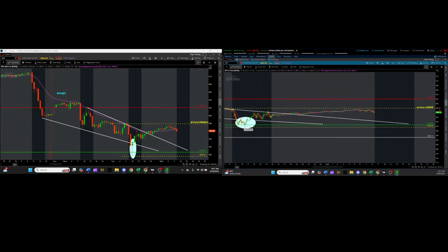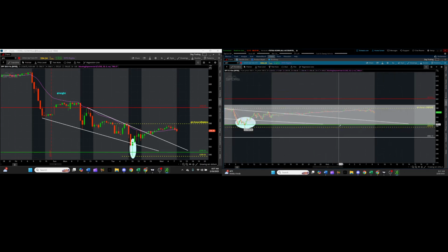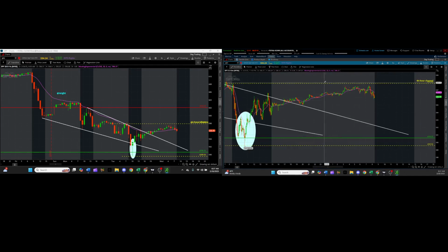So in order for this to be considered bullish for me, I needed to break this 4 hour channel. It needs to break above this yellow line here confidently. It doesn't need to kind of teeter across it and then fall back down.